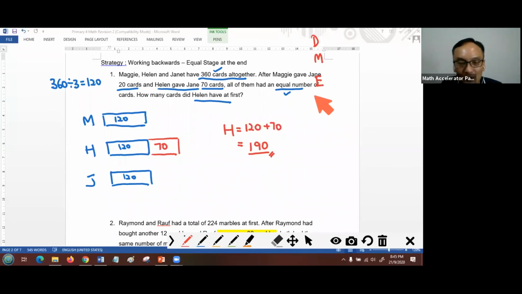But is the explanation easy for you to follow? Yes or no? Is the model method easy for you to follow? Okay, now you do, right? Anybody need me to use another method to explain to you again? All right, no need, right?